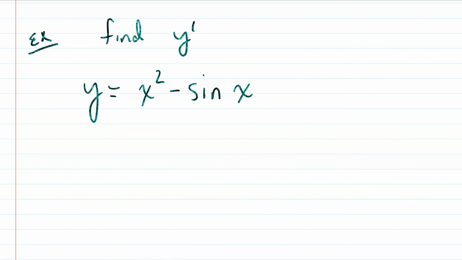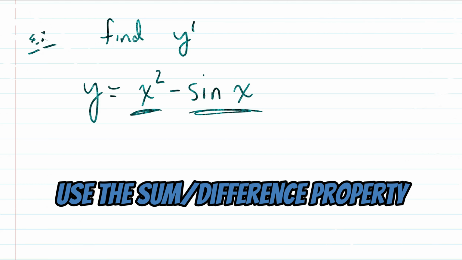All right, so our first example says to find y prime, right? Find the derivative of this function y, which is equal to x squared minus sine x. All right, so I see two terms. I see an x squared term and a minus sine x term, right? Two terms, so that means I can apply the sum difference property.